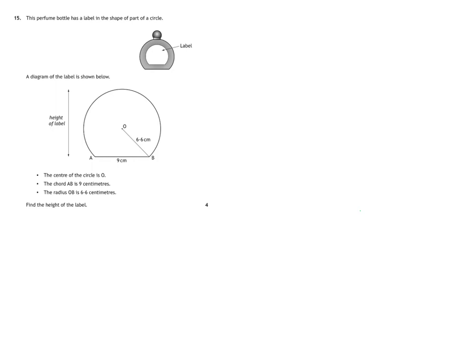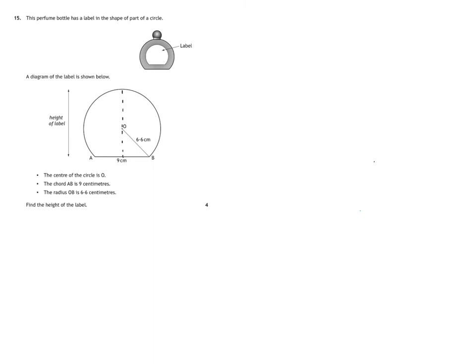Okay, so for question 15, we have a perfume bottle, and the label is in the shape of part of a circle, and we need to find the height of the label. I think for this one it makes a wee bit more sense to put it inside our diagram there.